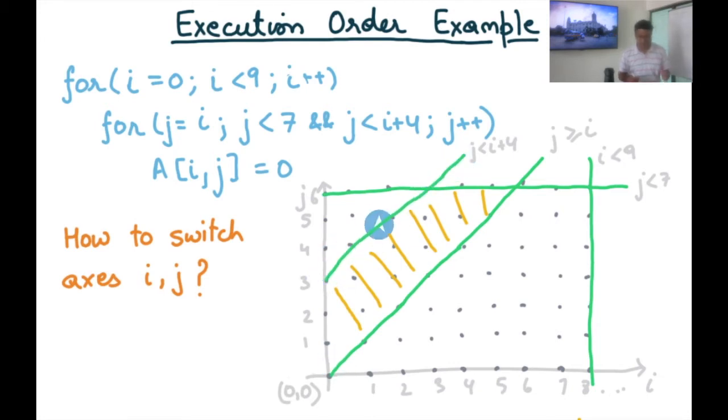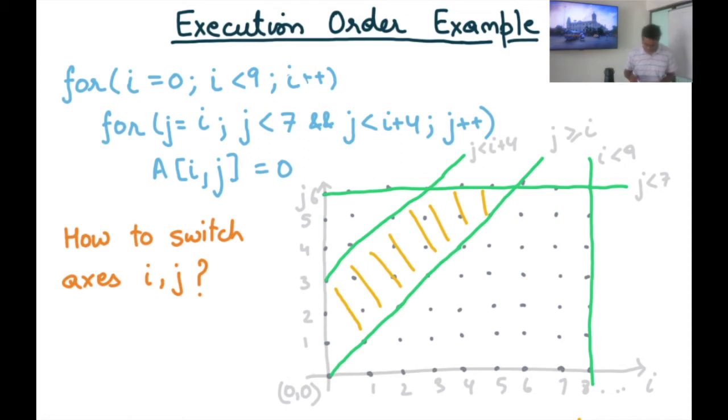Everything on the right of this is basically j is less than or equal to i plus 3, or j is less than i plus 4. And then j is less than 7 is another upper bound. And so everything marked with yellow in this convex polygon is basically the iteration space. All the points in this convex polygon represent the iteration space.